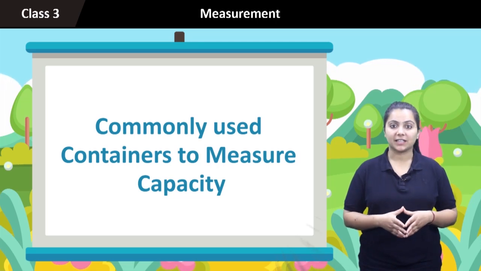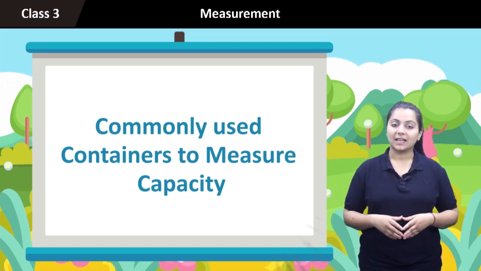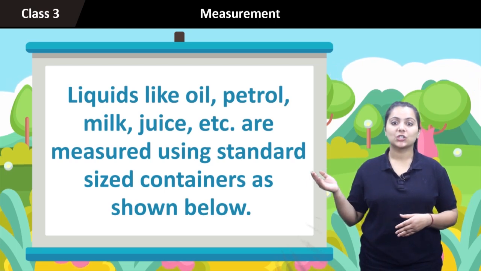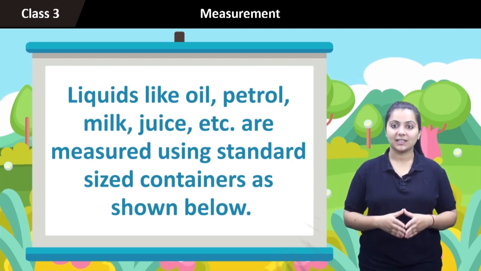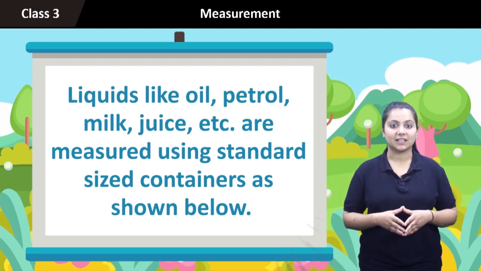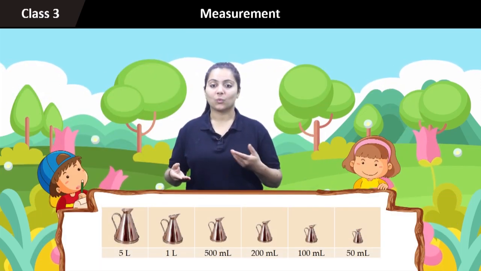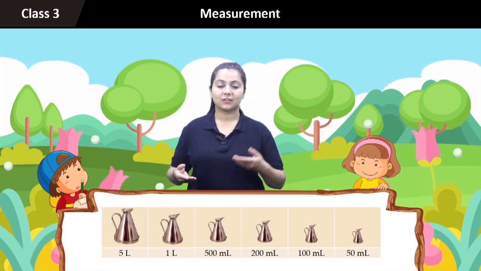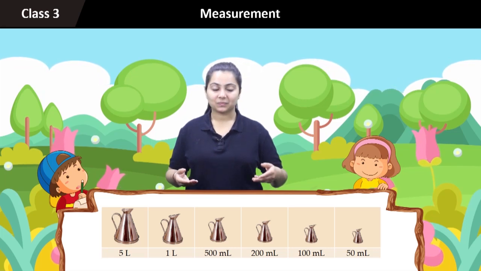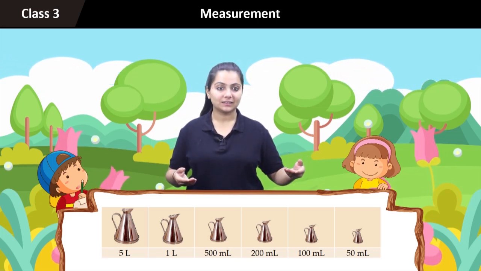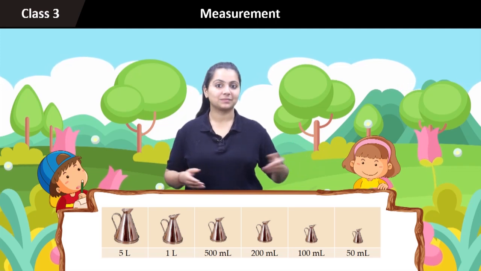Commonly used containers to measure capacity. Liquids like oil, petrol, milk, juice, etc. are measured using standard sized containers as shown below: 5 liter, 1 liter, 500 milliliter, 200 milliliter, 100 milliliter and 50 milliliter.